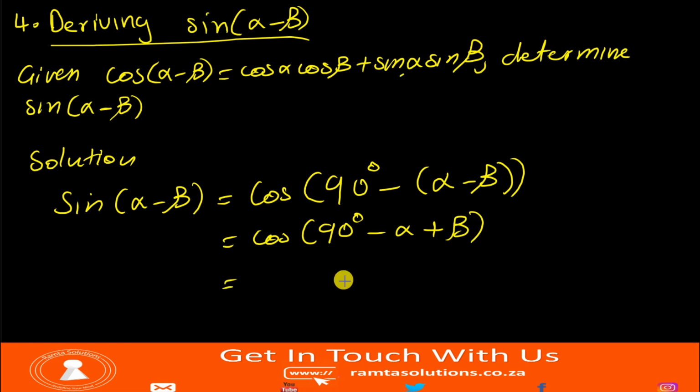You can say you have cos 90 degrees plus beta in a bracket like this and say minus alpha. It's okay. Remember here, these are just arbitrary angles. What I mean is, you can change them to whatever. You can call them angle Z, angle K, doesn't matter. Angle A or angle B doesn't matter. Okay, you can do it in this way, or you can do it in this way.